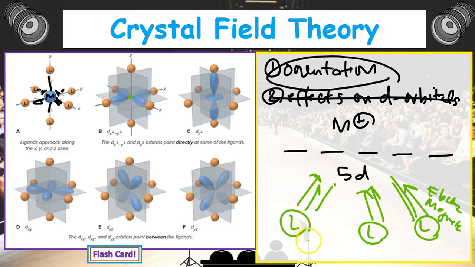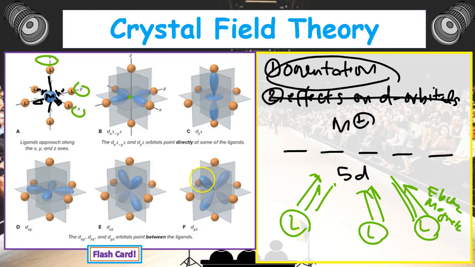The question becomes how? Well, guess what? It depends on the shape of these 5 d orbitals. So we know they all have the same energy, which we see here, but they also have all different shapes. So this represents one shape, this also represents one shape, and all these 3 also represent other shapes of the d orbitals. We know they're made of different lobes and this kind of cloverleaf shape on the x, y, and z axes. So when we're thinking about ligands approaching, we're thinking about ligands approaching from the x, y, or z axis, okay?